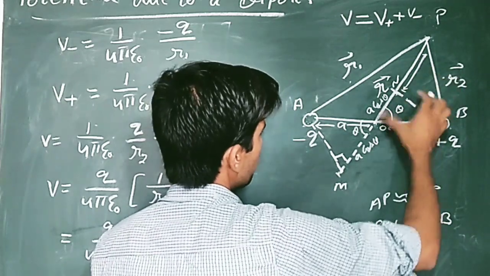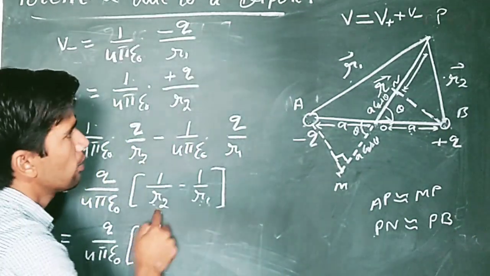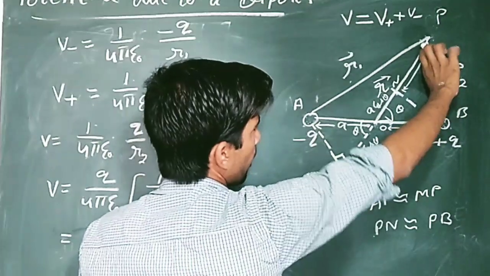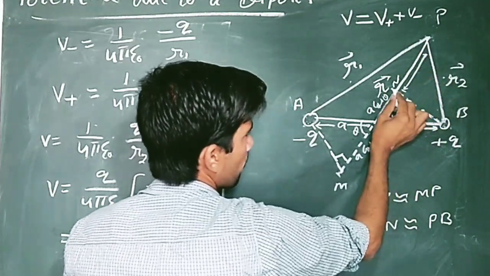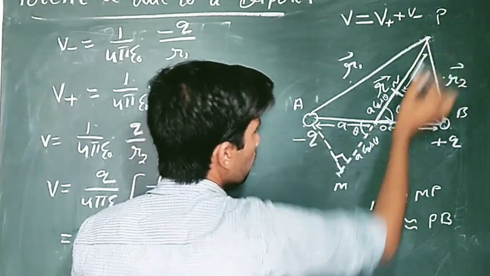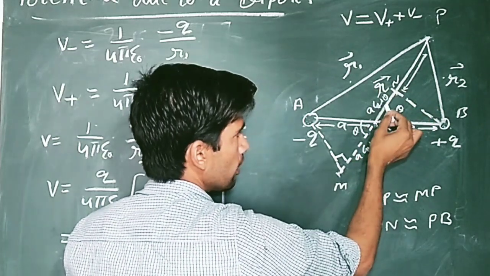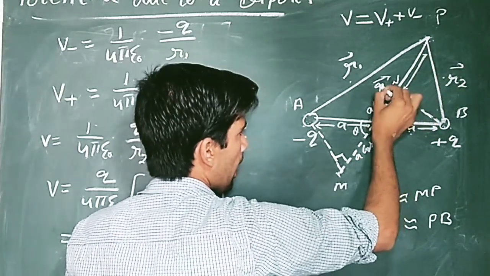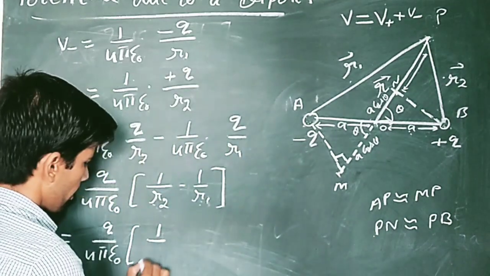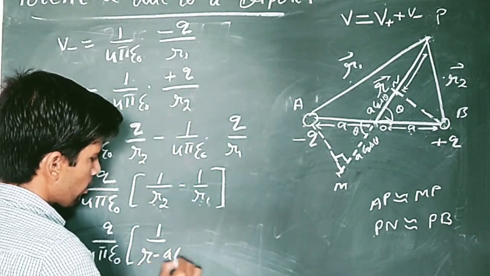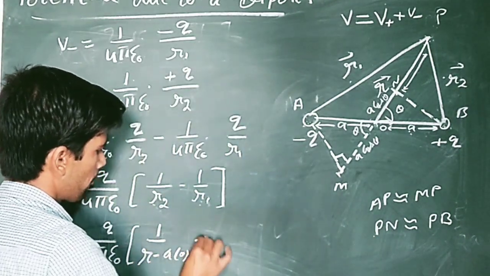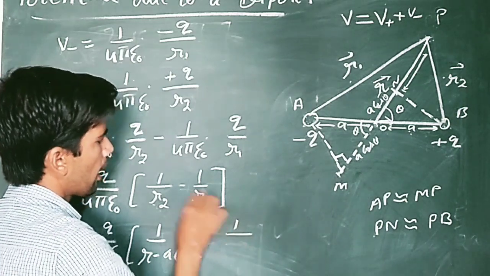What is r2? r2 is equal to PN, and we know that P to O is r and O to N is a cos theta. Then P to N is r minus a cos theta. So r2 is r minus a cos theta.